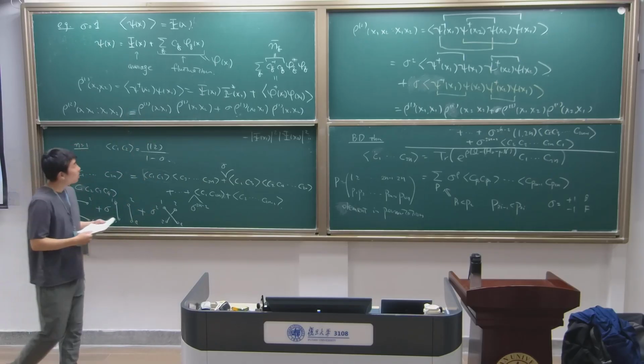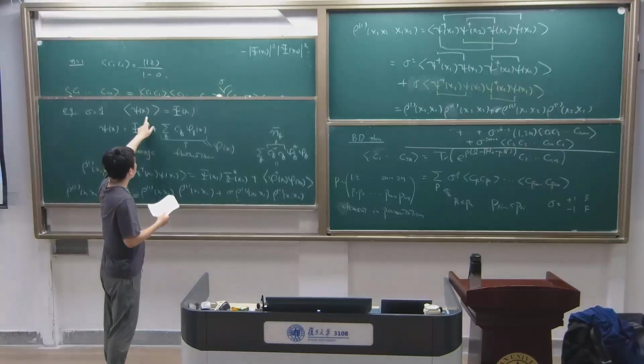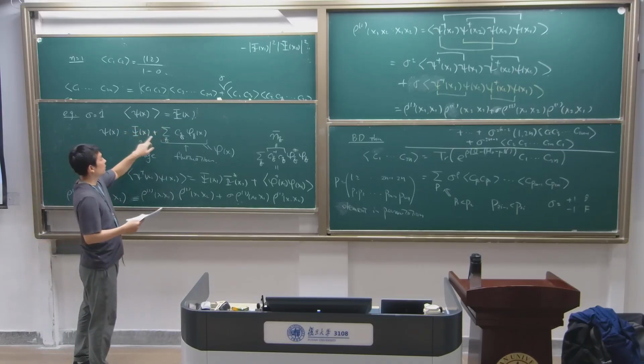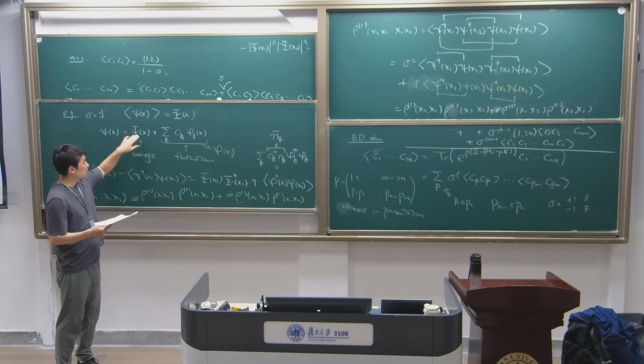So if you shift the expectation value with the fluctuation operator, you just separate two parts: the average expectation value plus the fluctuation.